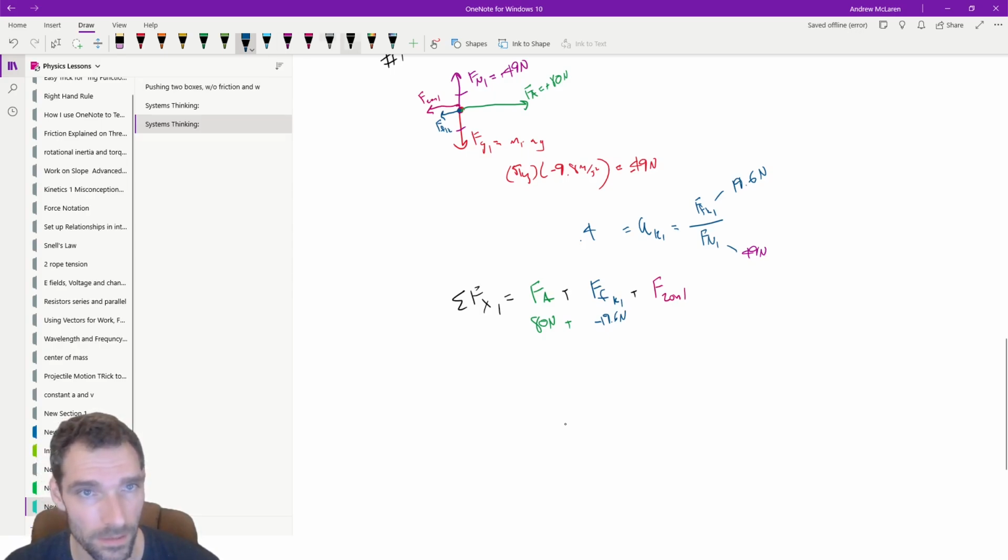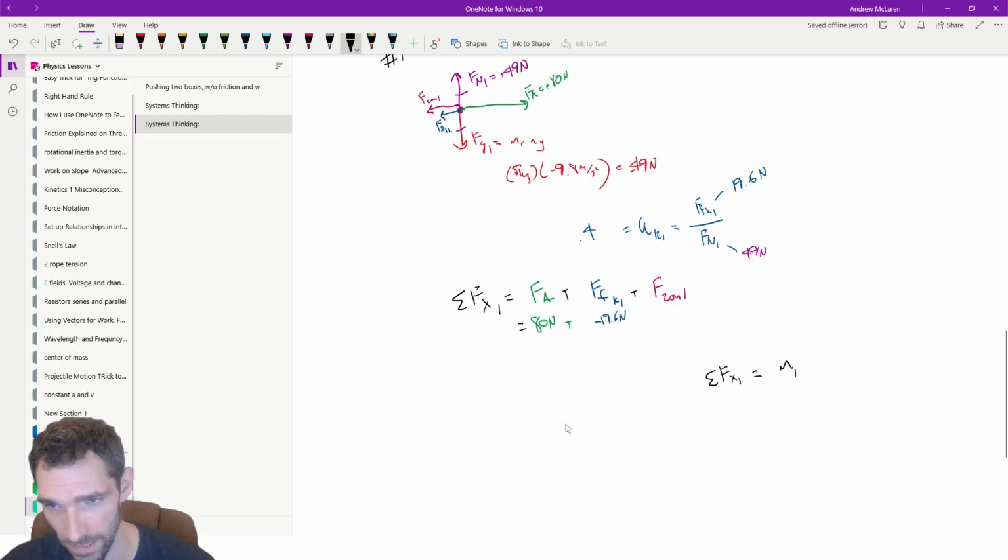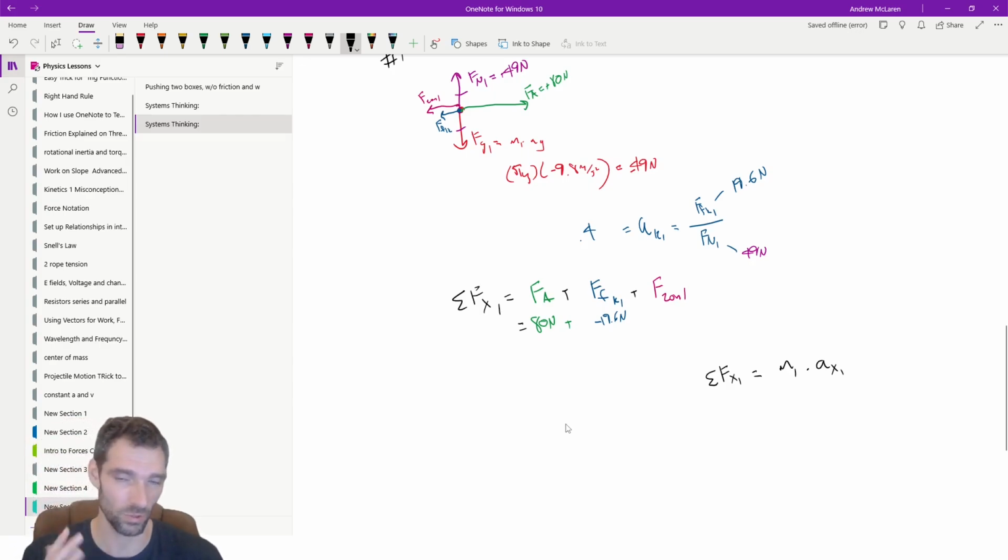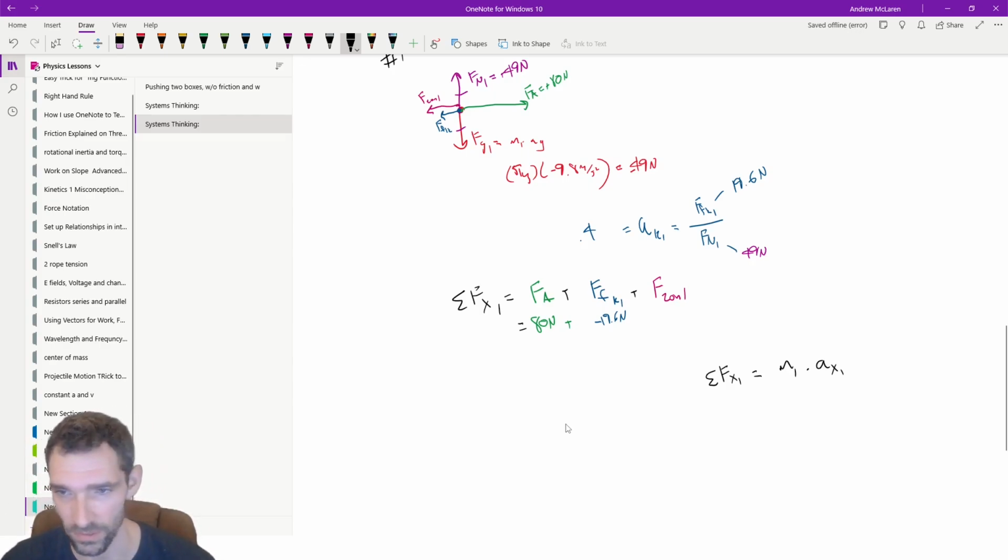And we can actually solve for this using a value for the sum of forces in the x direction, because it is the mass of object 1 times acceleration in this x direction for object 1, which should be the same as the overall acceleration value that we have for this problem. We can go ahead and just plug them in and double check. For object 1, we'd said this was 5 kilograms.